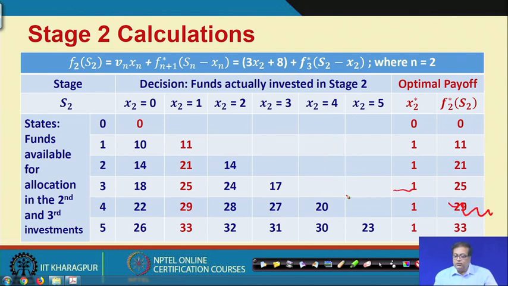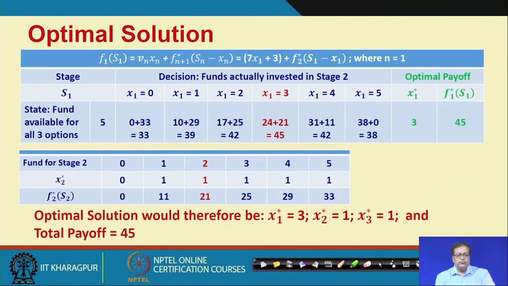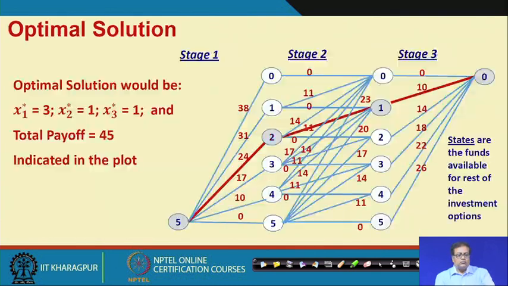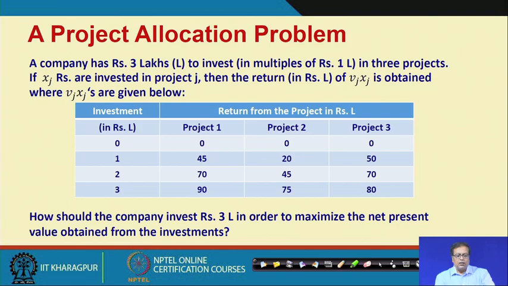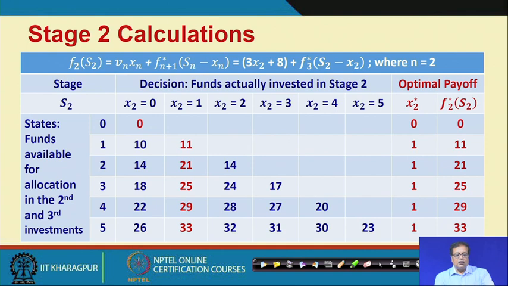So, these are the values. Look here once again. So, 0, 11, 21, 25. So, that is the stage 2 calculations.